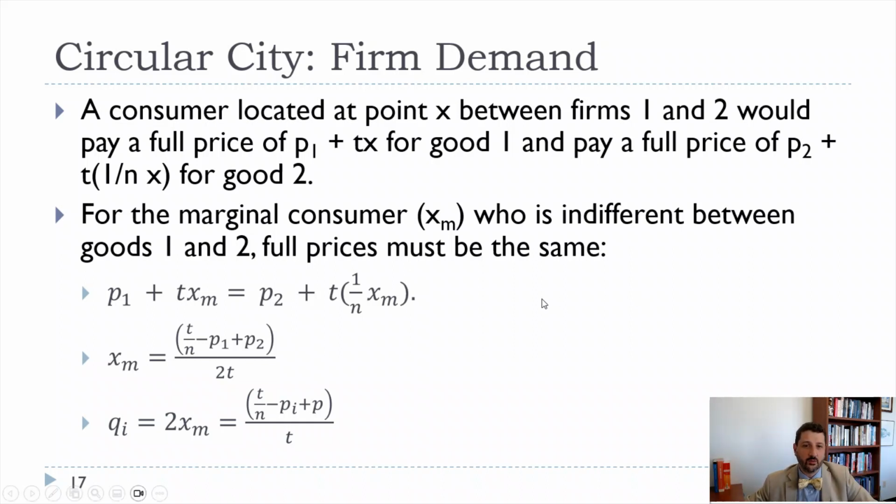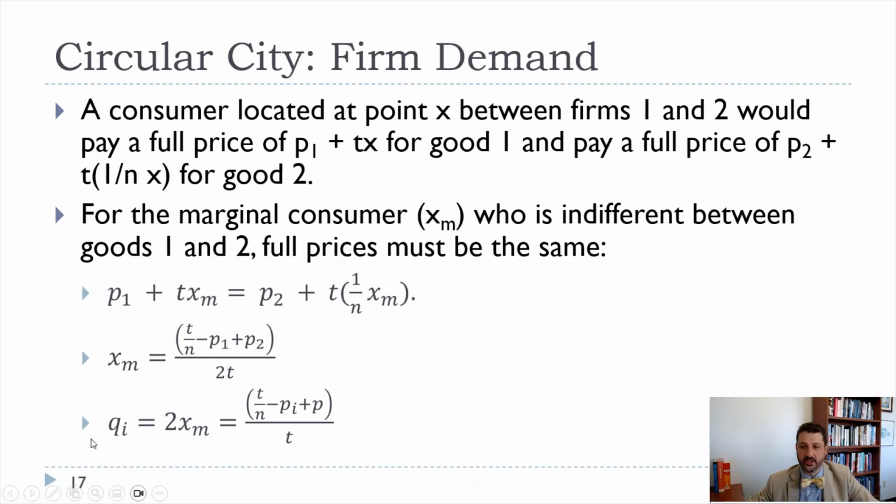And so again, we can find that marginal consumer who's indifferent between, say, good 1 and good 2. Consuming from good 1 gives you P1 plus T times XM. Consuming from good 2 gives you P2 plus T times (1/N - XM). Set them equal and find that XM, and you get (T/N - P1 + P2) / 2T, not that different than the Hotelling model.